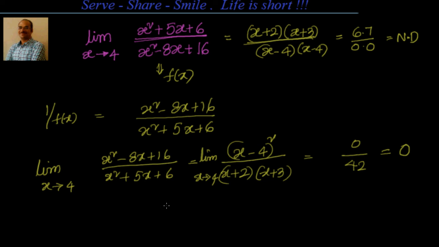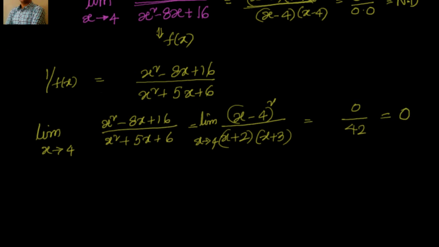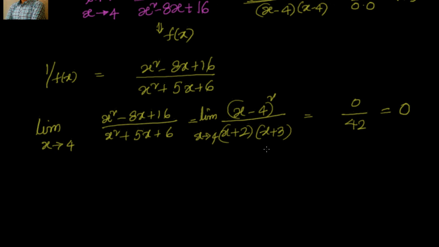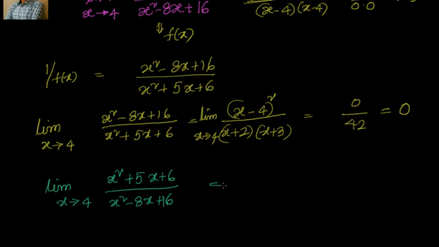Now I will use the rule I learned just now. I know that the limit of 1 by f of x is equal to 0. So I know that limit x tends to 4 of f of x, which is x square plus 5x plus 6 divided by x square minus 8x plus 16, is nothing but equal to infinity.